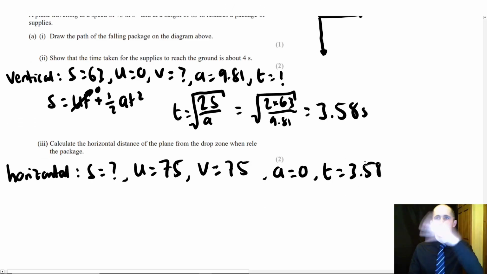In real life, sure, it might slide, it may do this, that, or the other. But if I increase this value for time, my equation will just keep going. And I can get some really weird values. You can get like negative S and things like that. So you have to use your logic, unfortunately. I know it's a very scary thing. But the times for horizontal and vertical is always the same to prevent anything weird happening, okay?